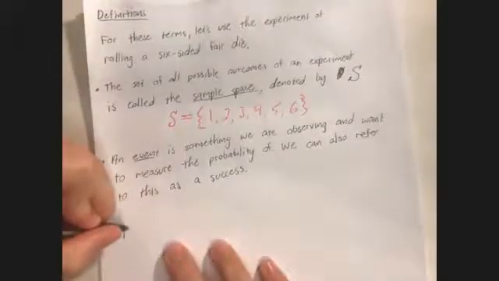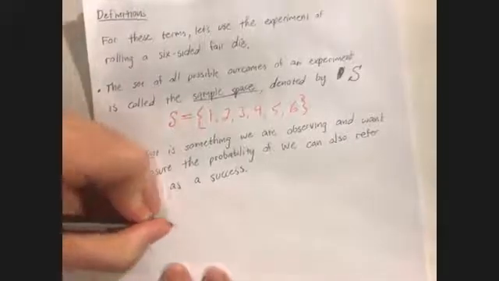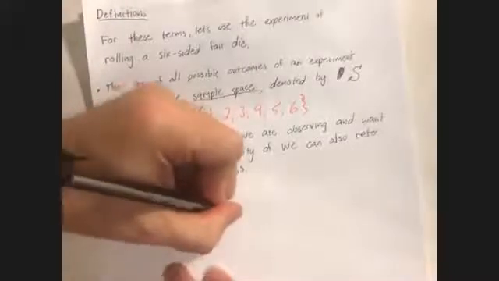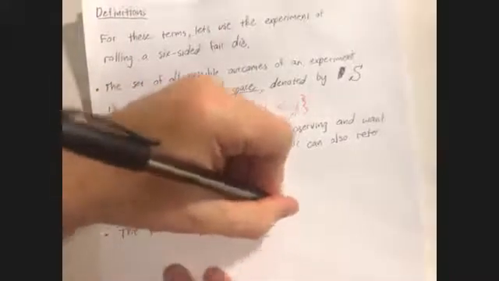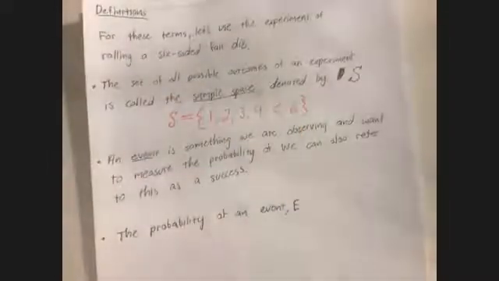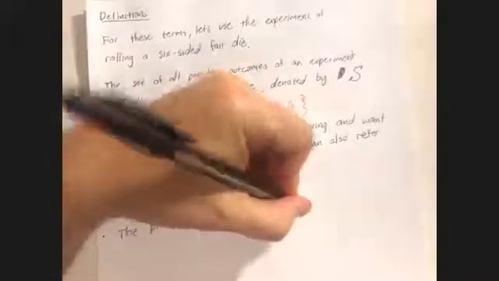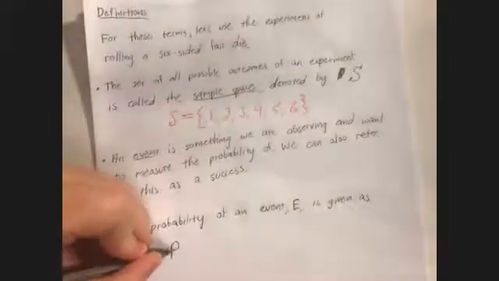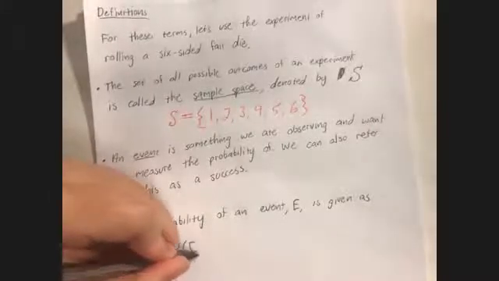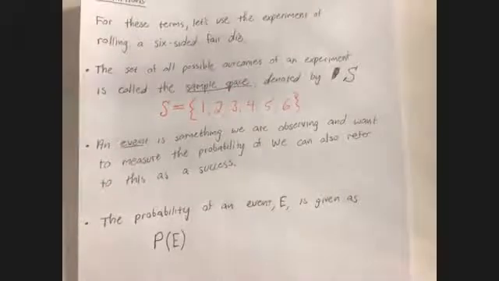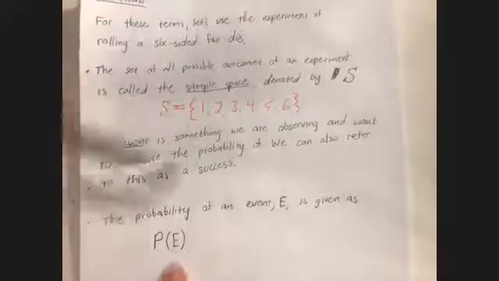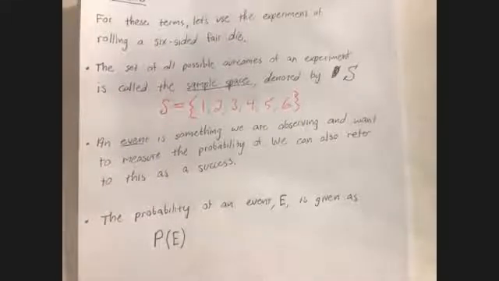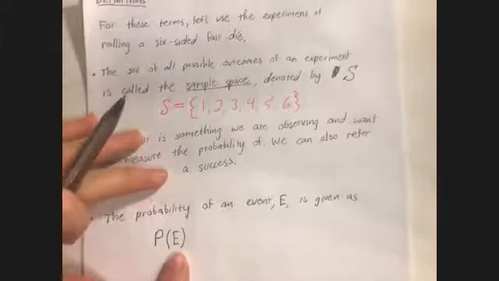The probability of an event E, we've got to call it something, is given as capital P of whatever, we'll call it E. If I wanted to know the probability of rolling a 1, I might put P of 1. Or pulling a 7 of spades, I might say P of 7 of spades. But that notation means the probability of the event.